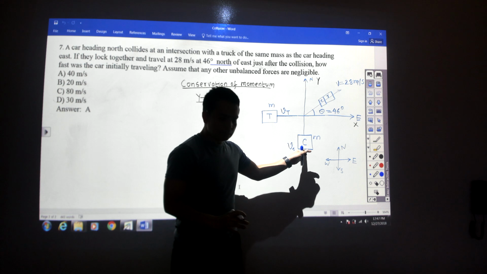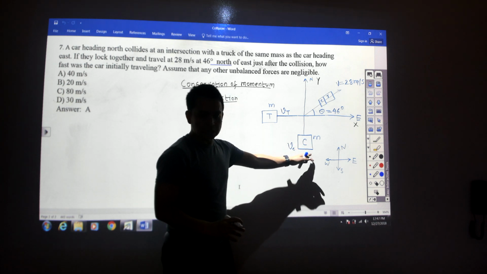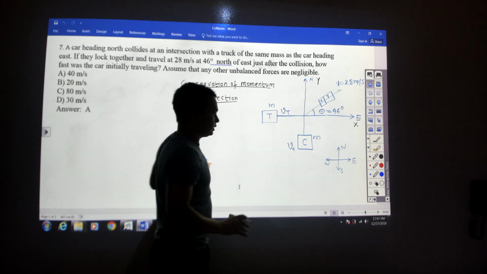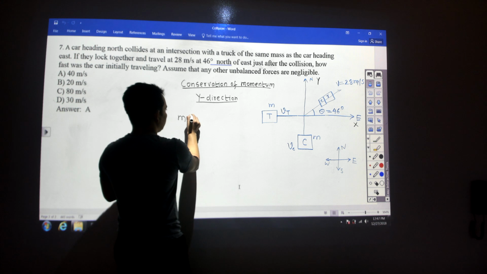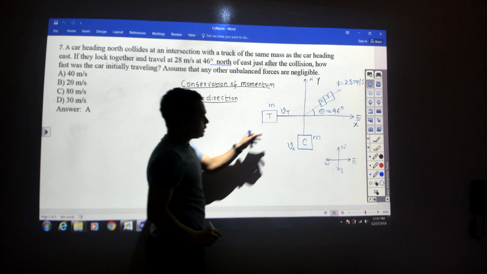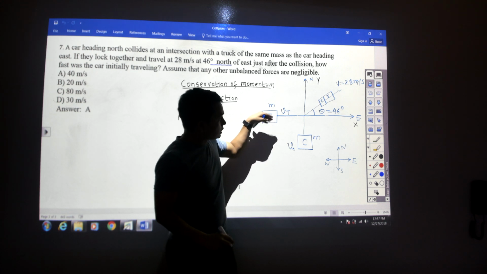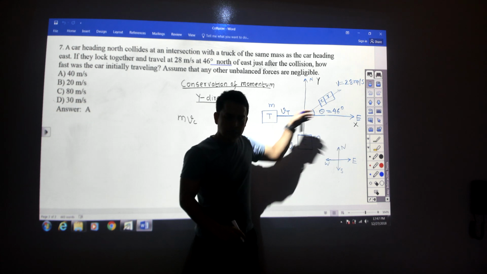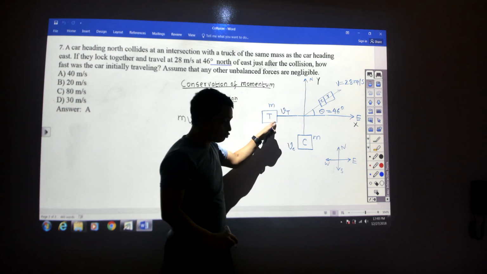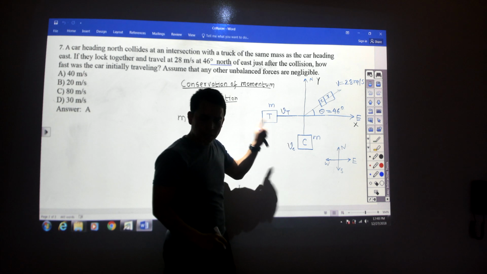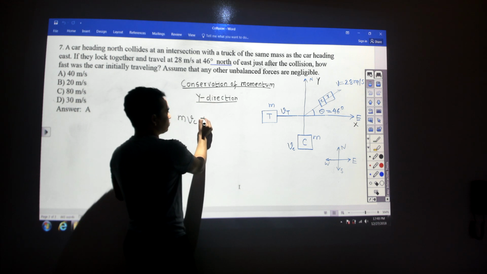What is the initial momentum along the y-axis? For the car, it is m times vc. The truck is moving along the x-axis, so it does not have any component along the y-axis. The truck's initial momentum along the y-axis is 0.